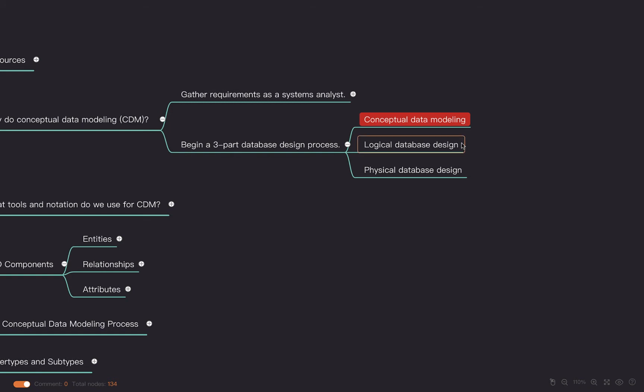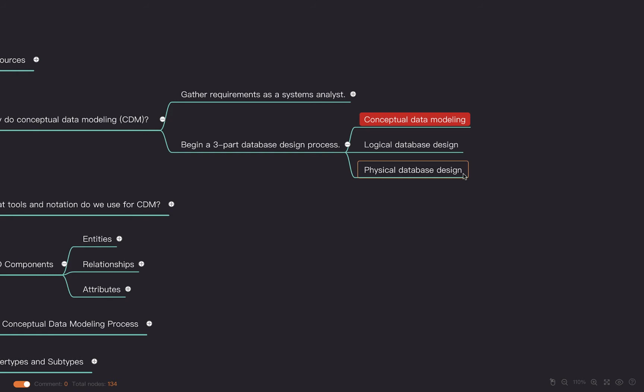When you get to logical database design, you pick the technology. You're either doing relational databases, or you're doing NoSQL databases, or some other technology. Logical database designs are technology specific. And then physical database designs are not only technology specific, but they're product specific as well.